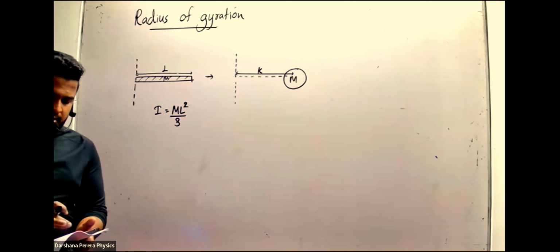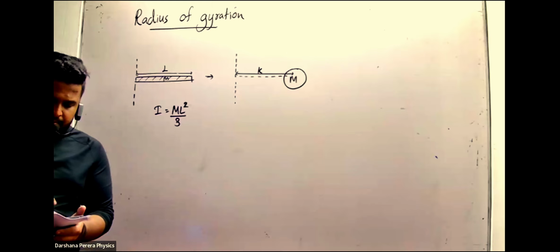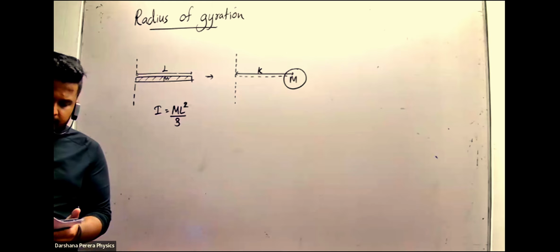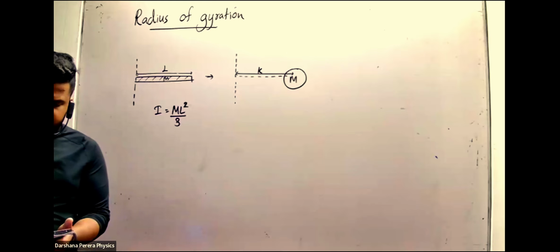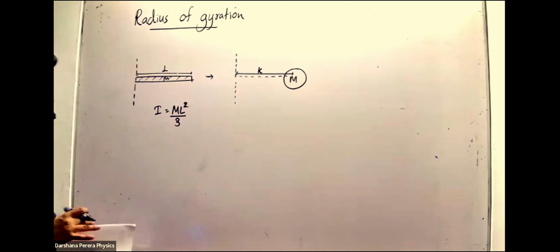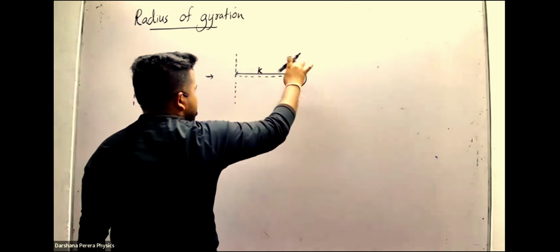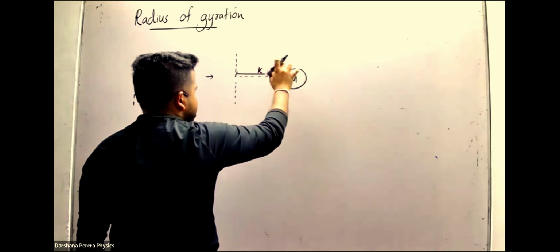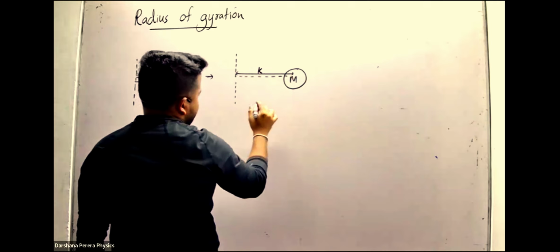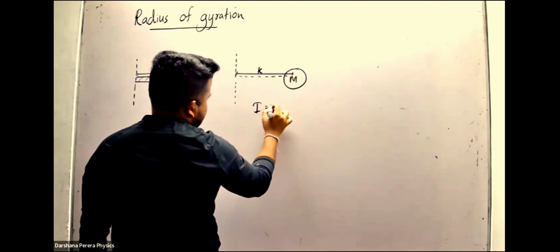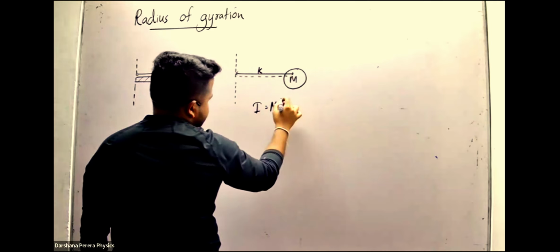First we discuss that one. I equals ml square over 3. Therefore, for the radius of gyration, we accumulate the m at the k distance. Therefore, we can simply say I equals mk square.